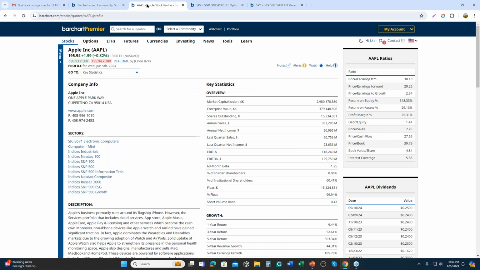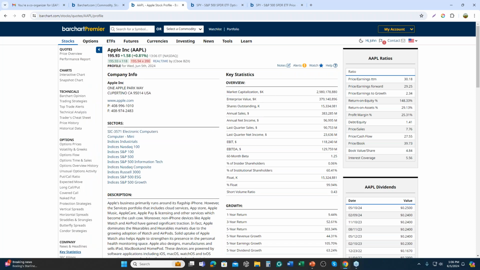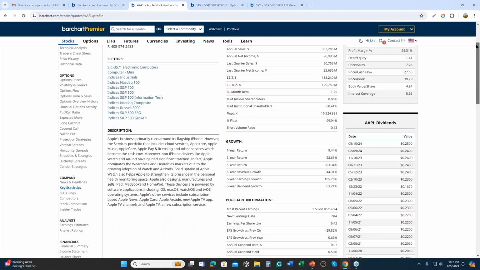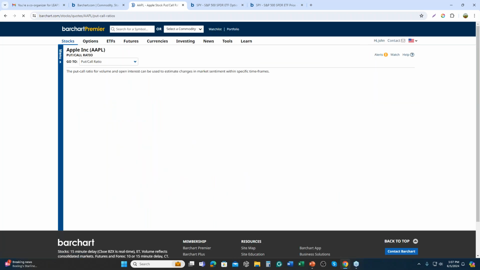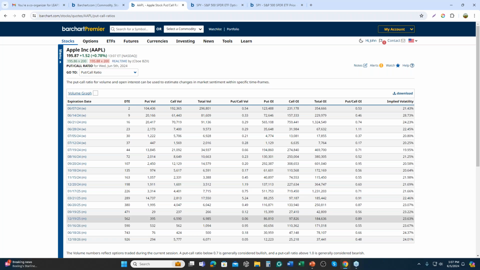Let's go to Apple, and I'm on the Apple main page. What I want to show you is, on any of the securities that trade options, to discover if they have LEAPS or how far they go out, just go to the put call ratio page under the options menu. You're going to see all the different option expiries, in other words, all those options that expire at different time frames.